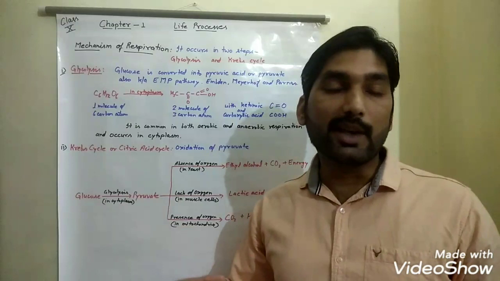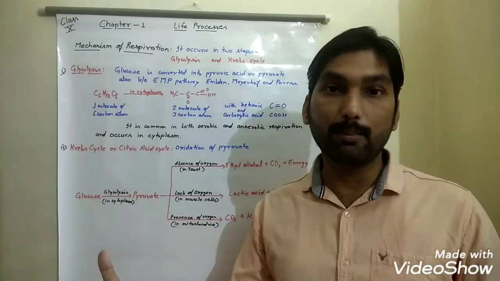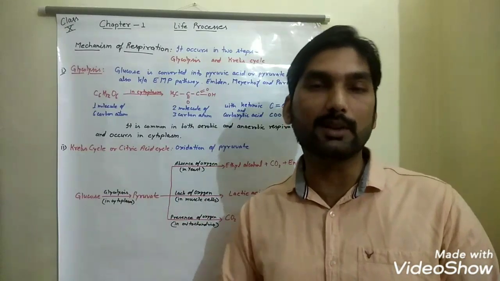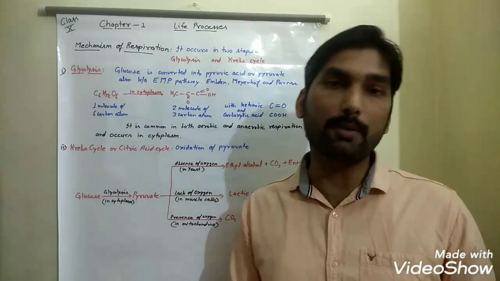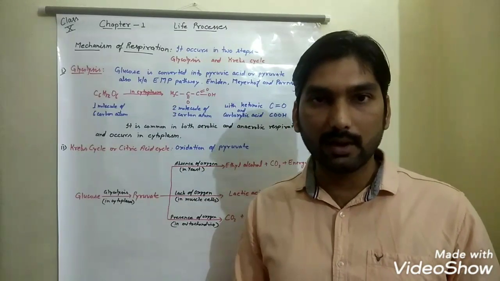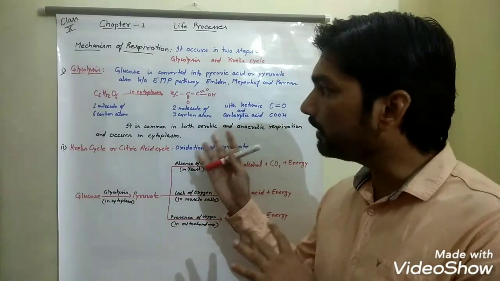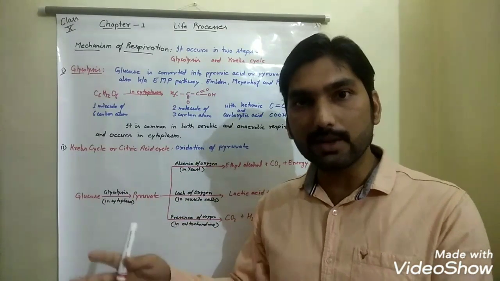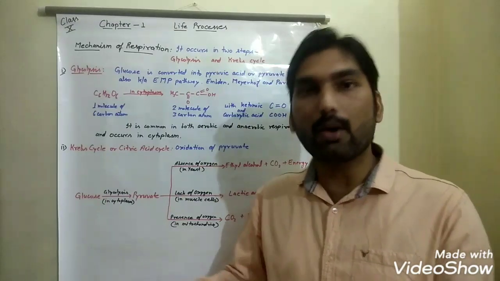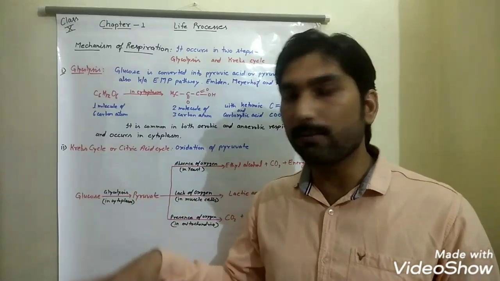So when this pyruvic acid is present in the cytoplasm, it is carried to the mitochondria, because in your previous classes you have read that mitochondria is known as the powerhouse of the cell because it is responsible to generate energy. So this pyruvic acid will be again broken down into simplest forms with a series of chemical reactions, and a variety of products will be formed.